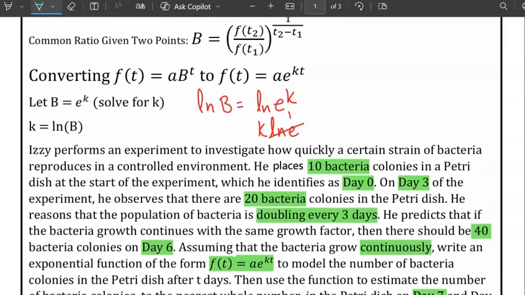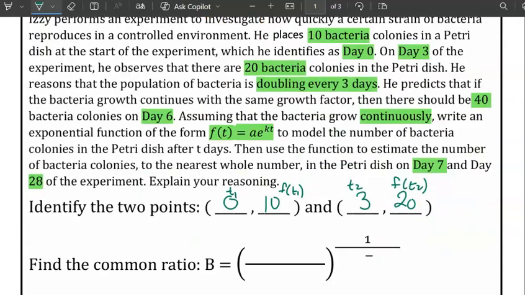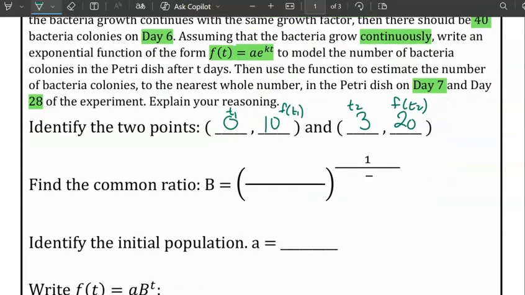Using the formula from above, we're going to plug these in. 20 over 10 raised to the 1 over 3 minus 0 power is going to equal 20 divided by 10 is 2, and 3 minus 0 is just 3.